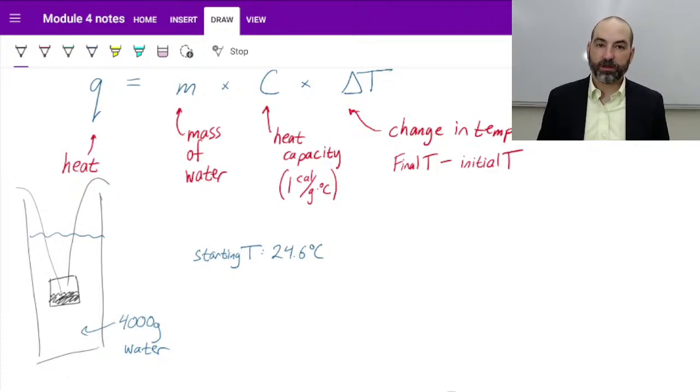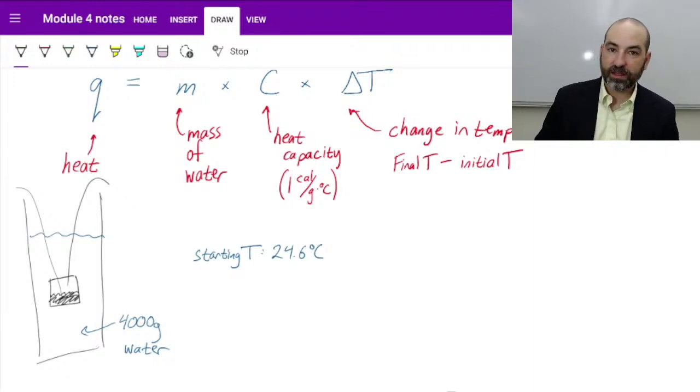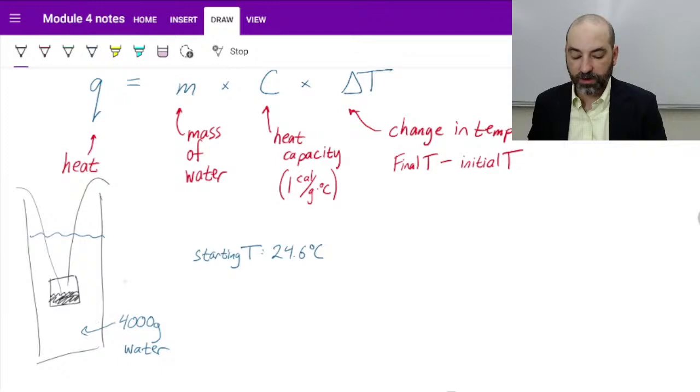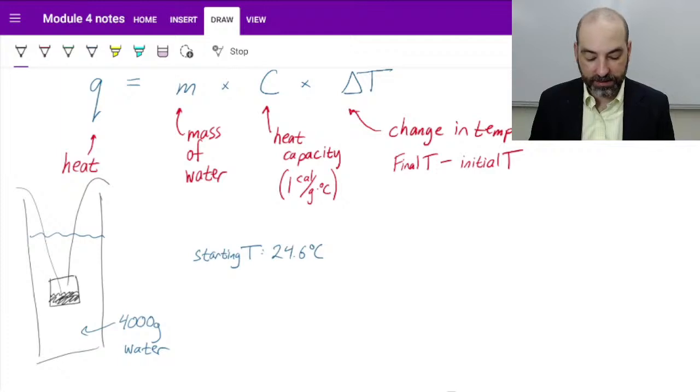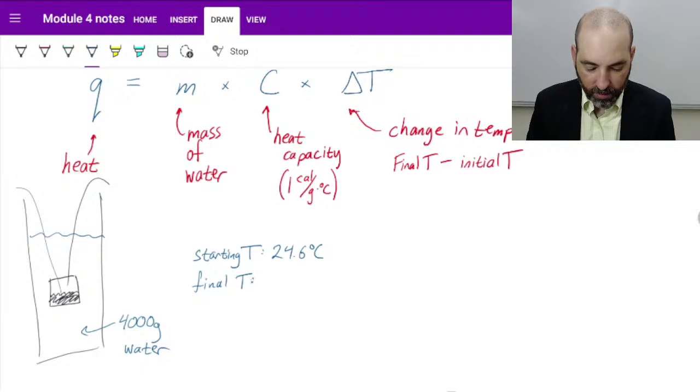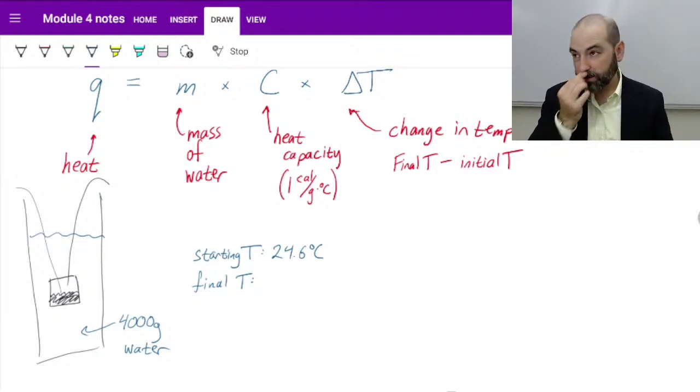The stuff all burns, and it starts emitting its heat to the surroundings. But the surroundings are all this water, so we can measure how much the water temperature is changing as this happens, and eventually it will get to some high amount, and then it'll start going down again. And usually we don't want to have a huge amount of change here.